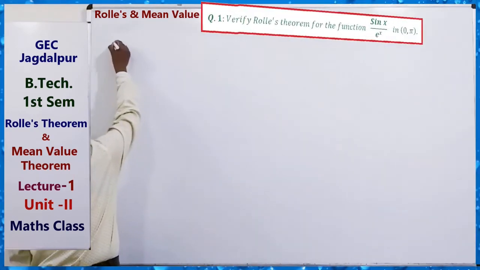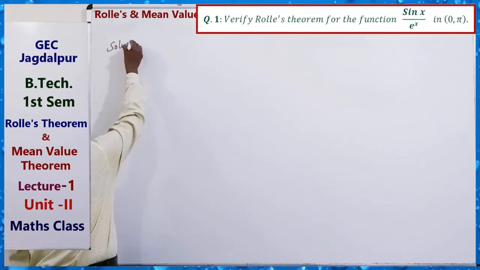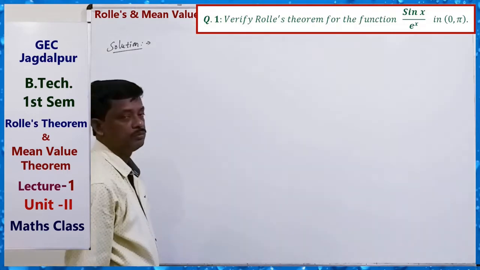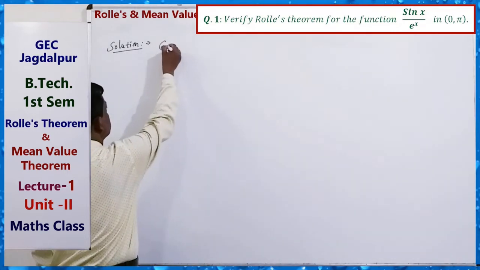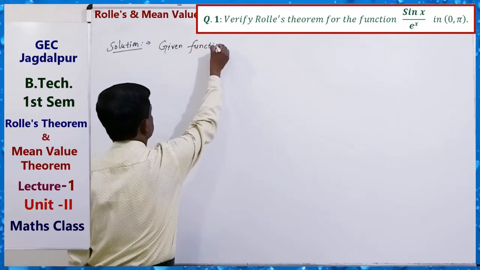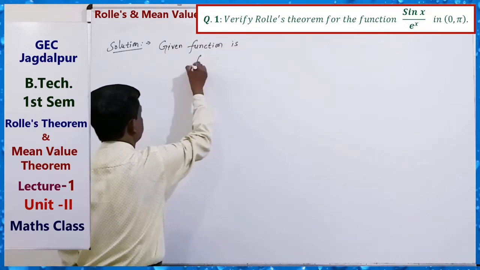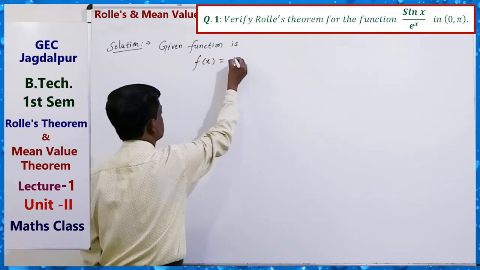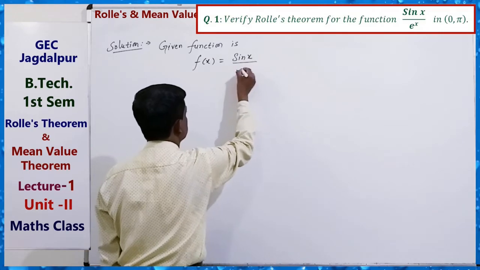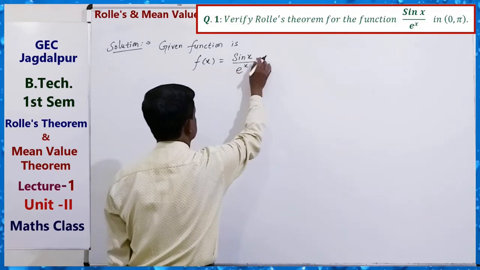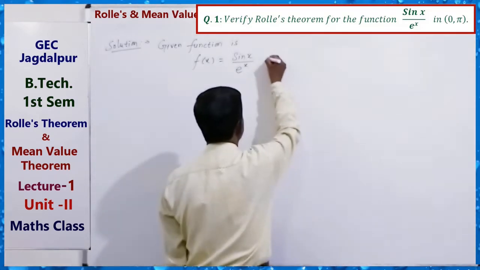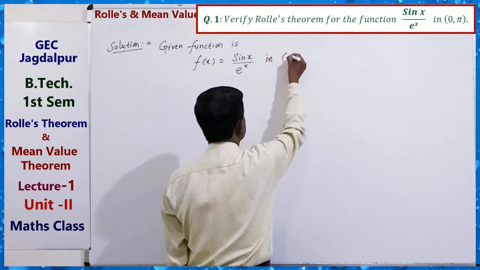Solution. The given function is f(x) equals sin x upon e to the power x in the interval [0, pi].